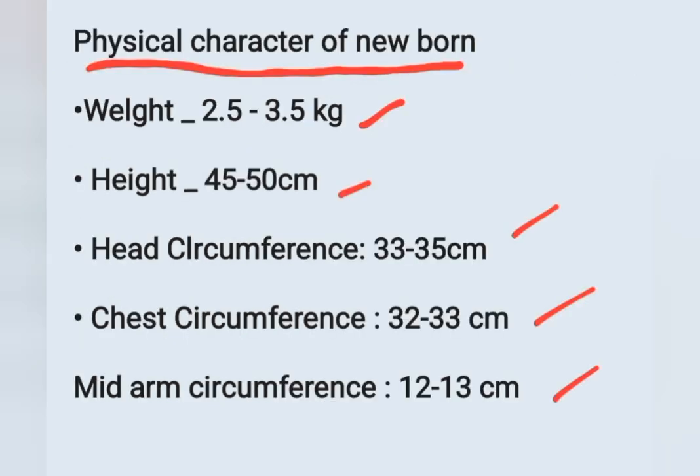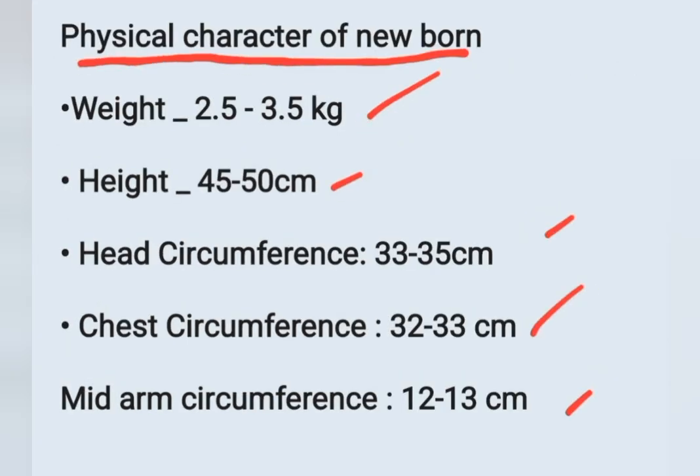Here we can see the physical characteristics of a newborn. The normal weight is 2.5 to 3.5 kg, normal height is 45 to 50 centimeter, normal head circumference is 33 to 35 centimeter, and normal chest circumference is 32 to 33 centimeter.